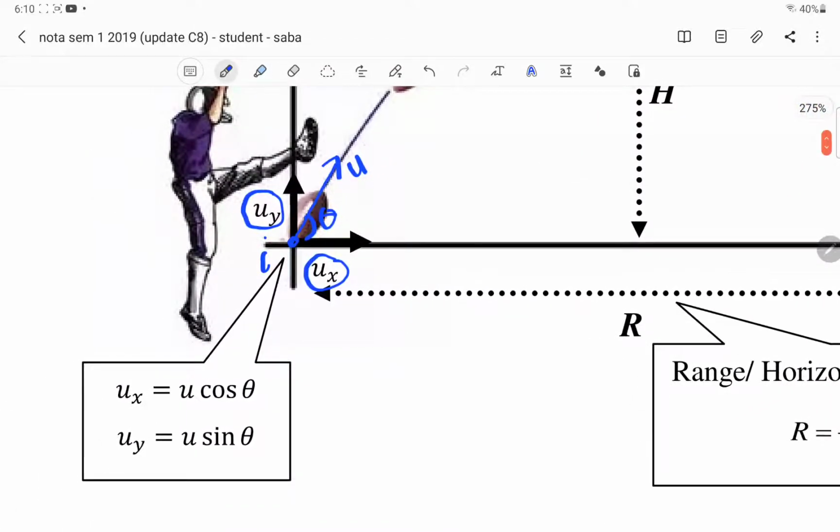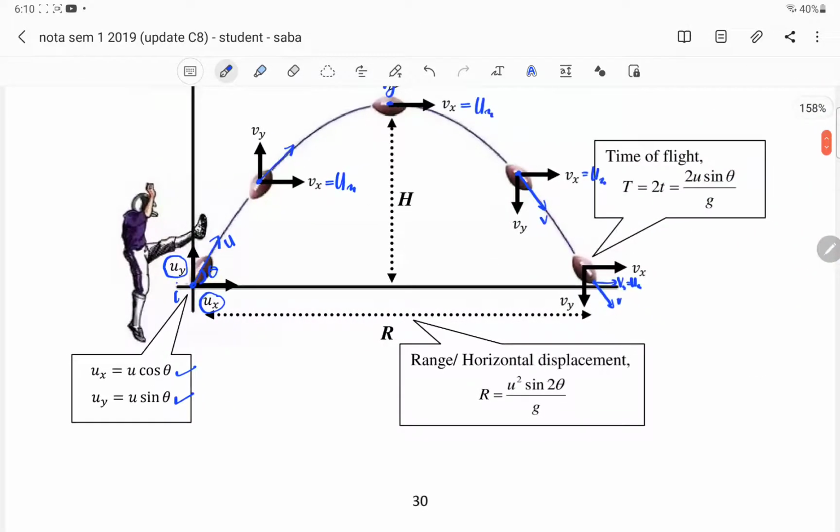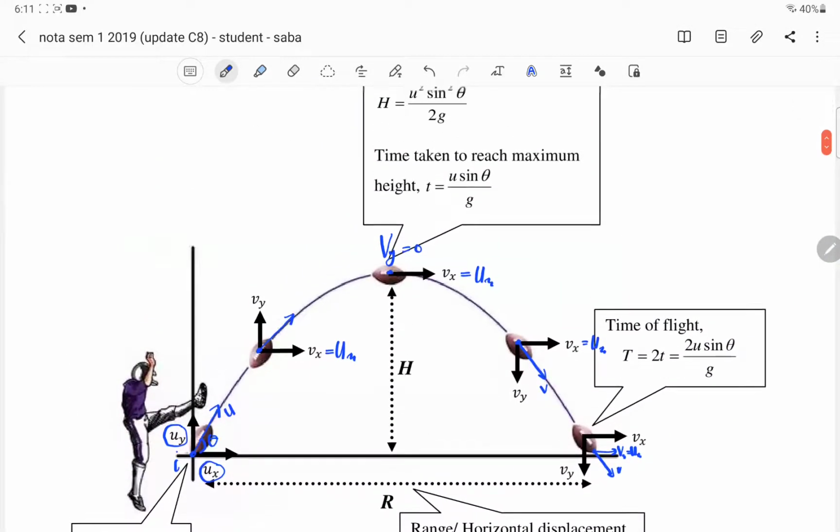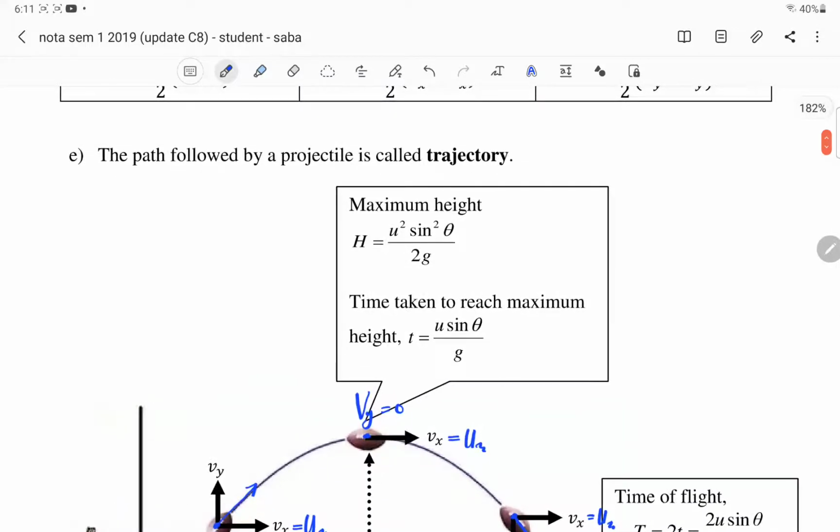Okay, Ux kita resolve kepada paksi X, U cos theta. Uy resolve to the Y component, U sin theta. Theta, ingatlah, angle initial velocity vector to the horizontal components X axis. Okey, dalam penyelesaian soalan saya tidak mengutamakan penggunaan formula yang ini ya.